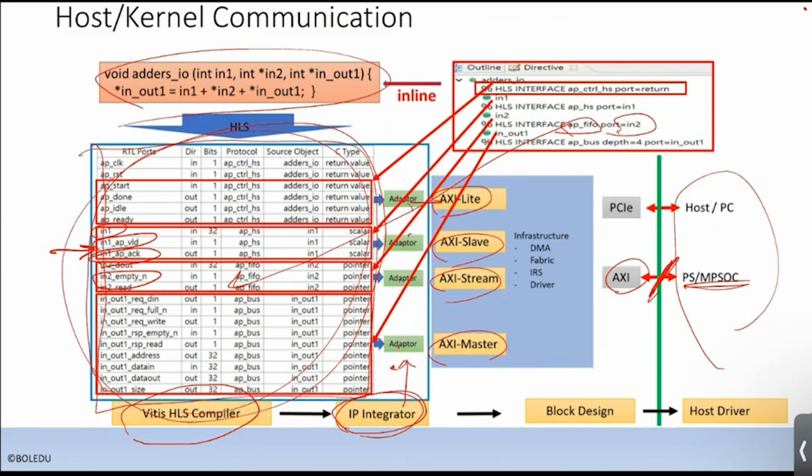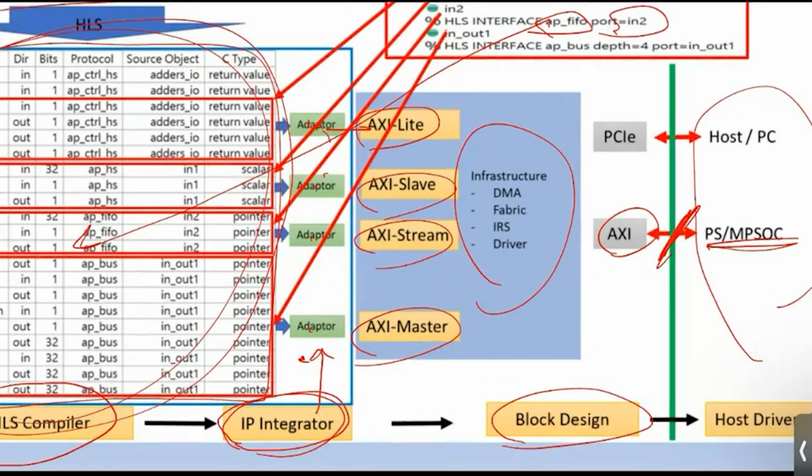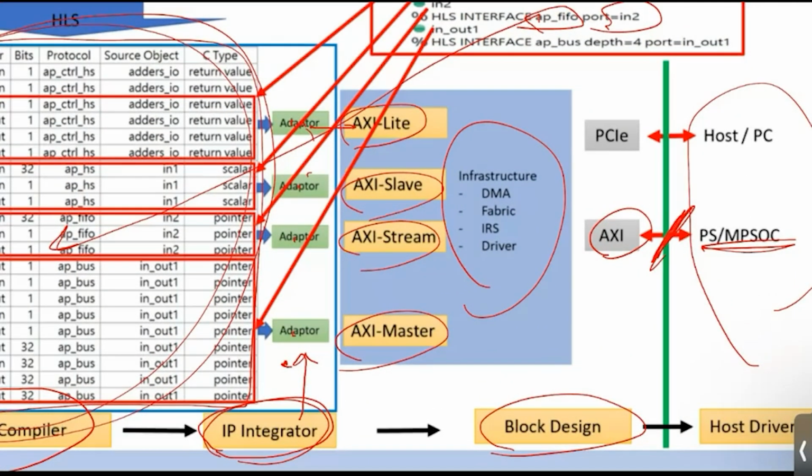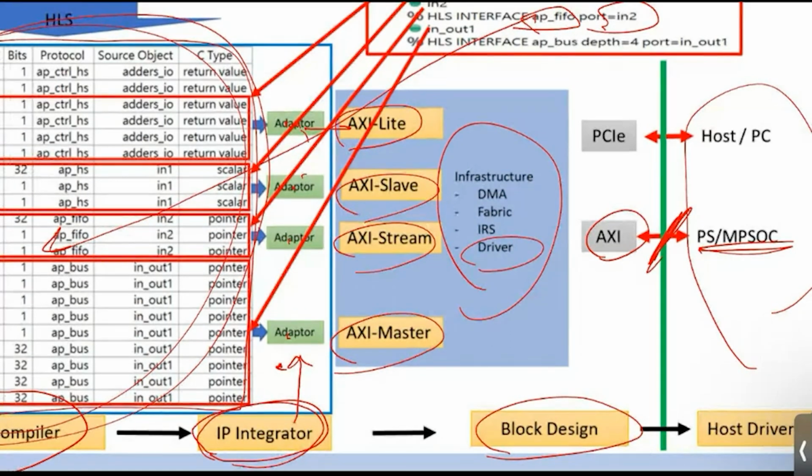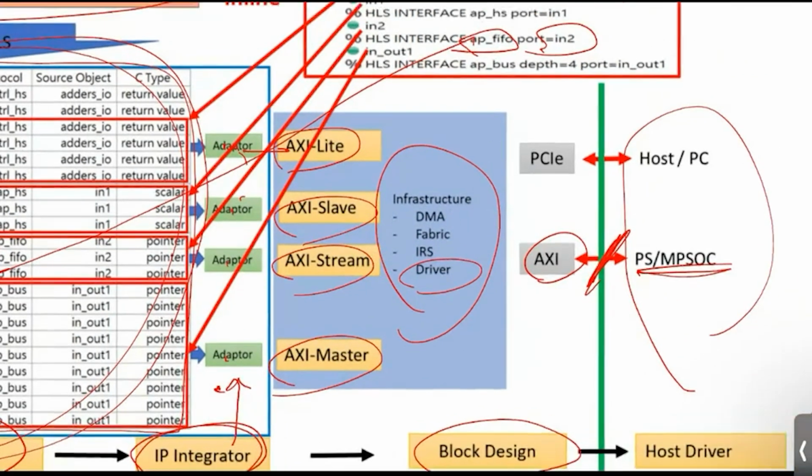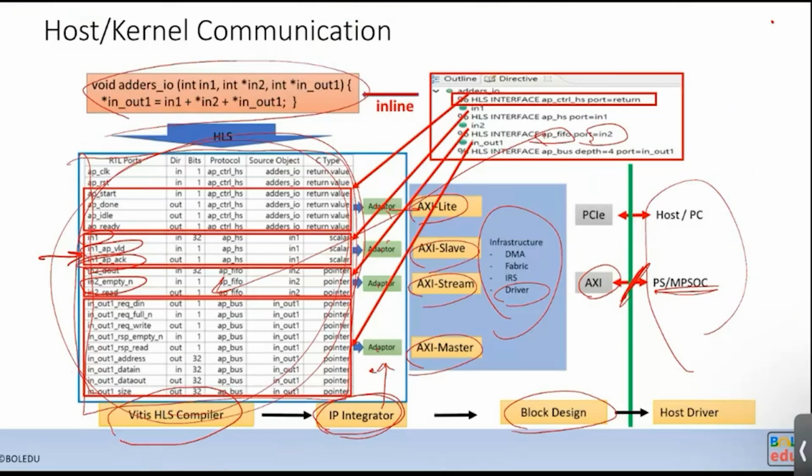Those interfaces allow you to go one step to the block design, and then you use the block design to interconnect them. In the block design, you also insert some infrastructure components like a DMA controller, the fabric, and related drivers, and generate the overlay.